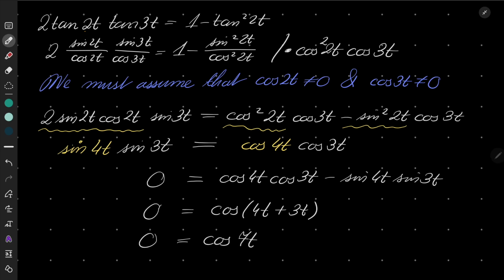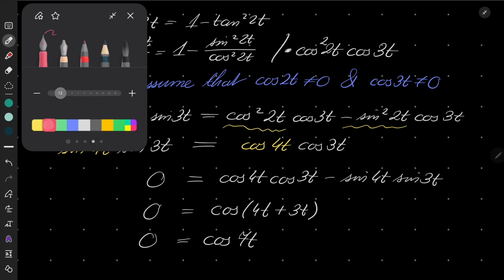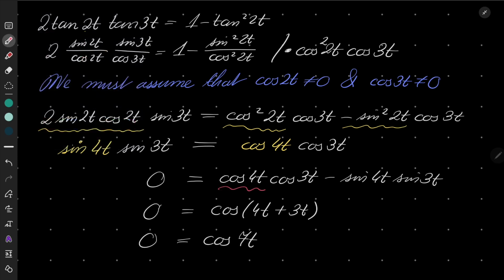Perfect. Moreover, let's notice that if cosine of 4t or cosine of 3t is 0, then the other part is not 0, because cosine and sine can't be 0 at the same time.